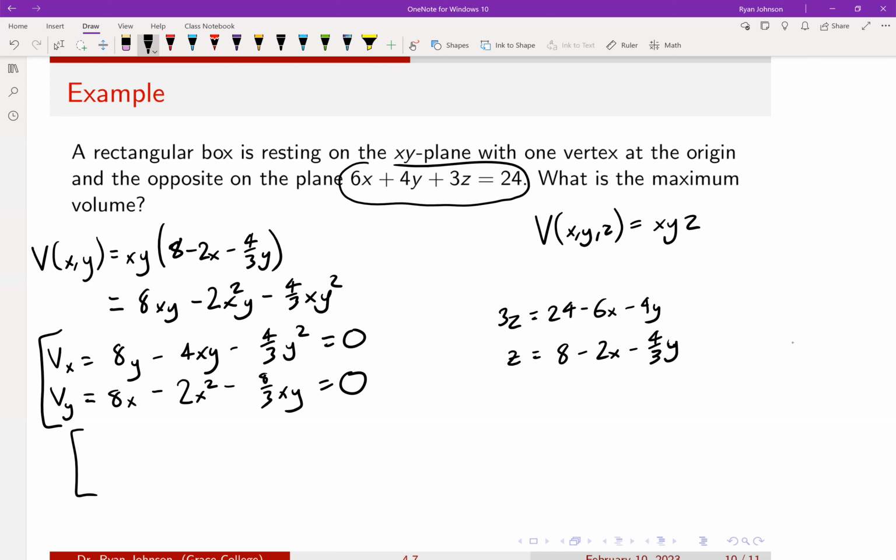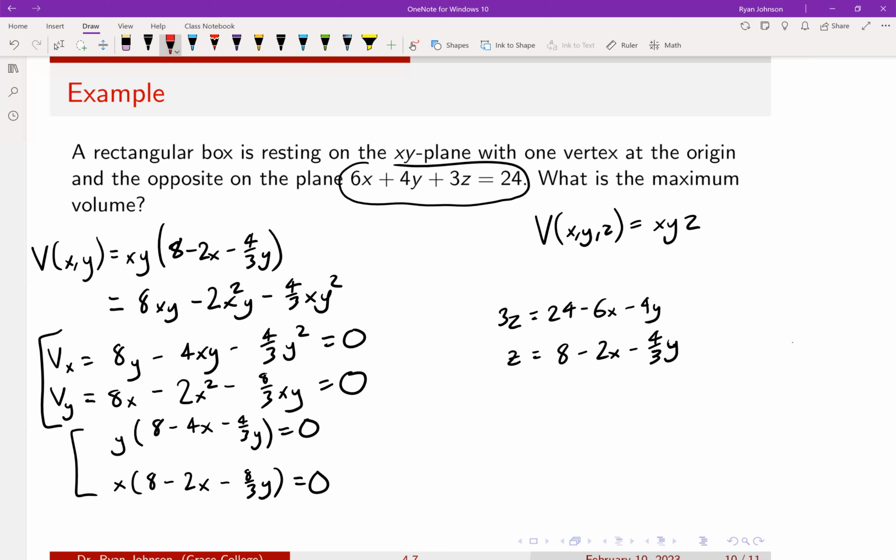I can factor out a y, and I get y times 8 minus 4x, excuse me, minus 4/3 y equals 0. Then factor out the x, and I get x times 8 minus 2x minus 8/3 y equals 0.